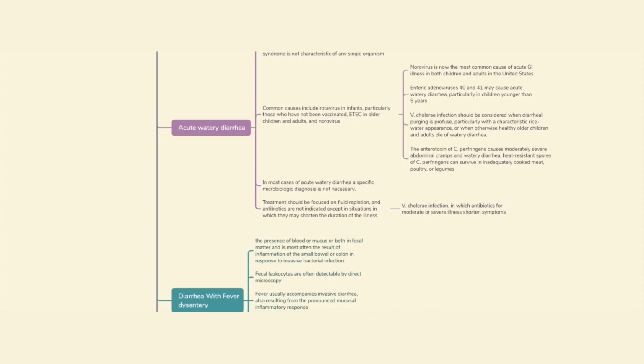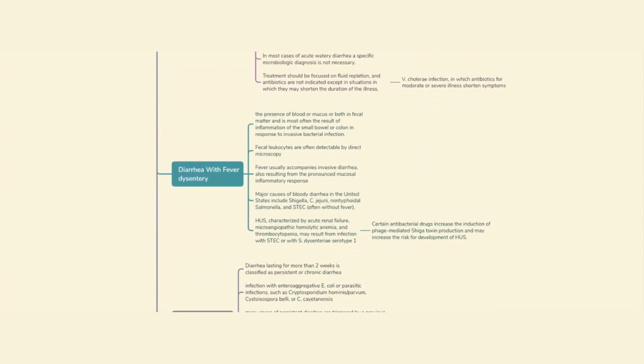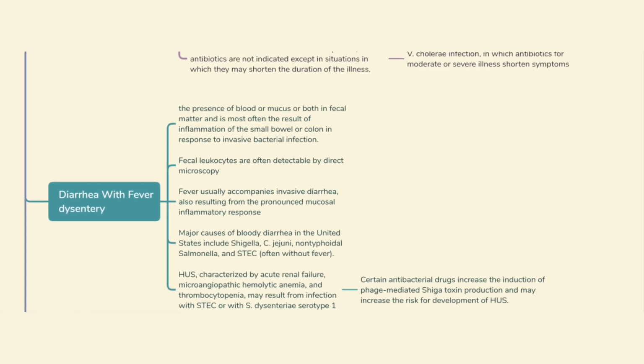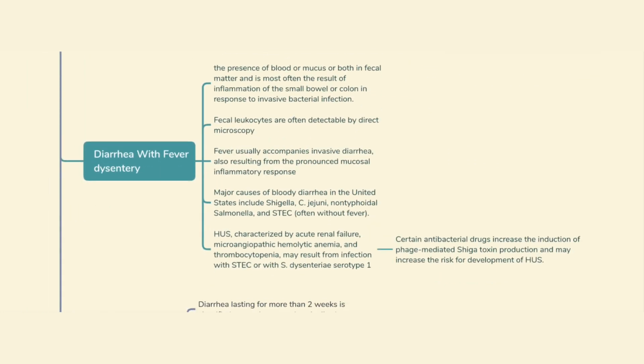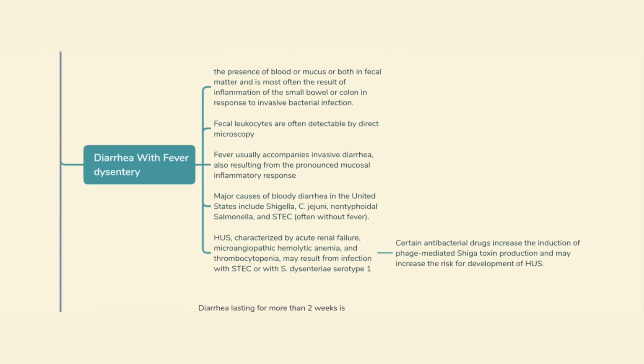The next syndrome to talk about is acute diarrhea with fever, or what used to be called dysentery. Any presence of blood or mucus in the fecal matter is most probably the result of inflammation in the small bowel or in the colon in response to an invasion of bacterial infection, which is the definition of dysentery.